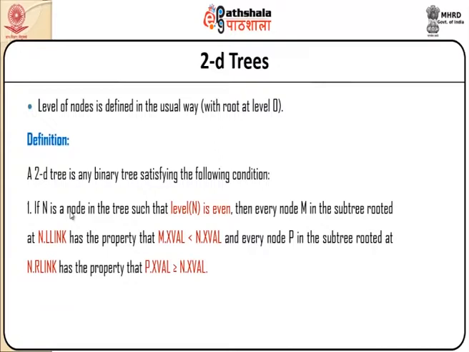I repeat again more clearly what this statement would mean. First, we will check for the level of the node. If the level of the node is even, as per this definition, if I am inserting a node m, I find that the x value of the node that is to be inserted is less than the x value of the root node, then it is to be linked to the left.